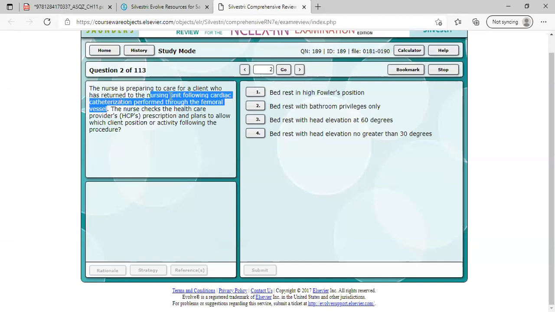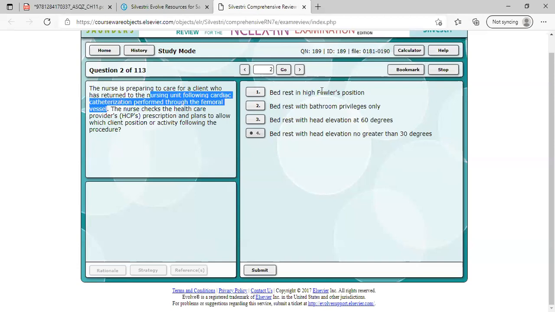Okay. So after catheterization, we always prefer bed rest with the head elevated no greater than 30 degrees, not 60 degrees, not high Fowler's.